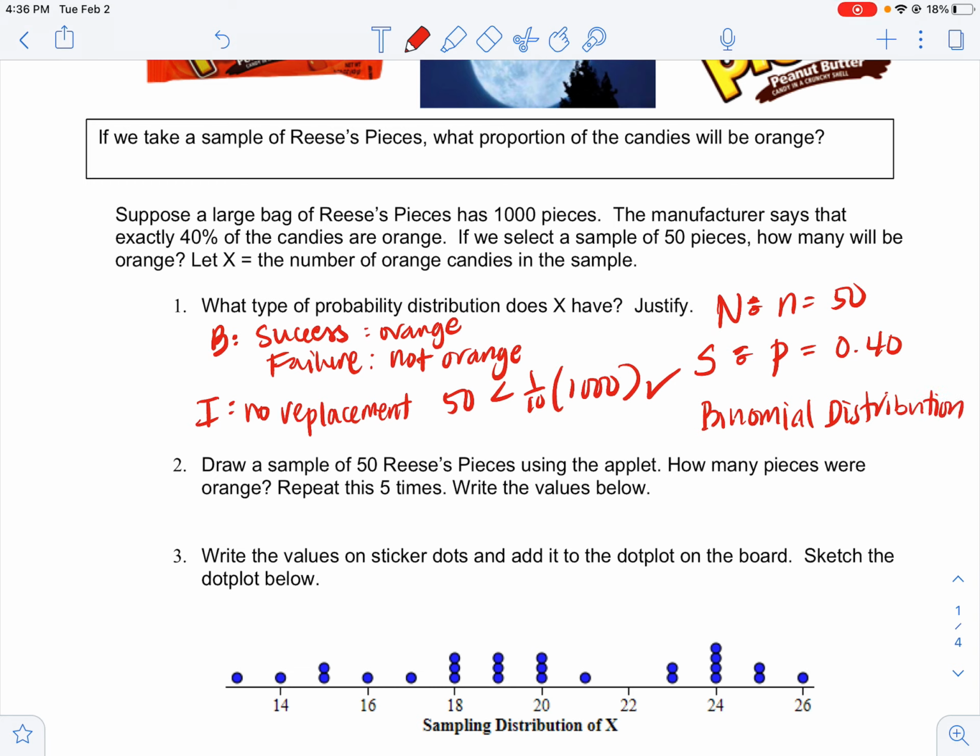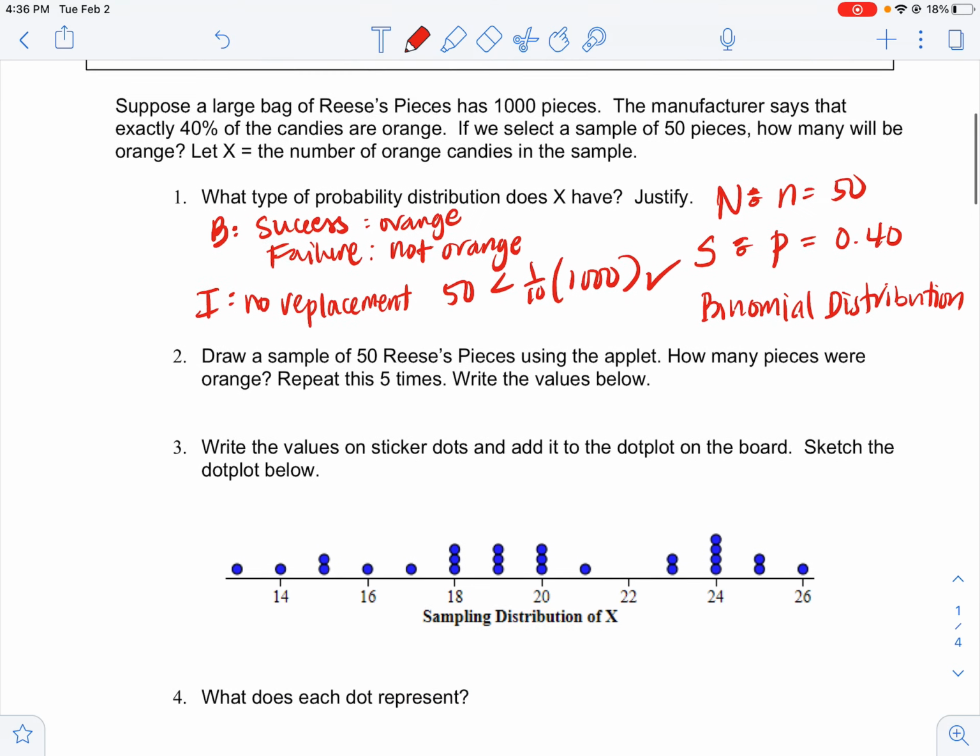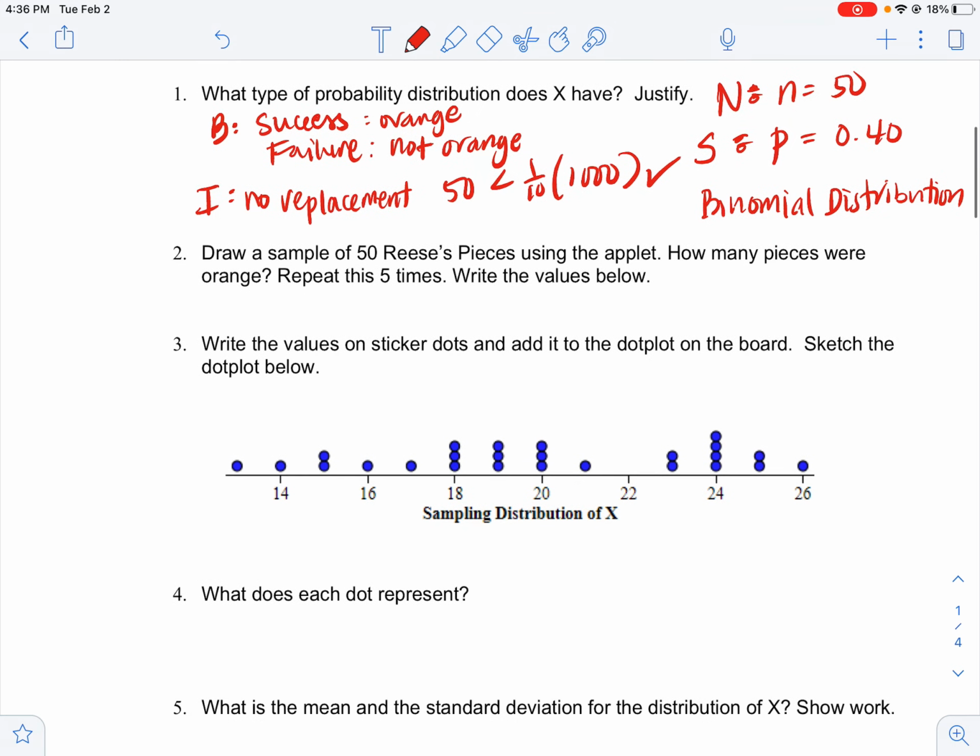Moving on. Draw a sample of 50 Reese's Pieces using the applet, which you already did, and record how many pieces were orange. Repeat this 5 times and write the values below. So these are the values I got from the first 20 responses. What does each dot represent?